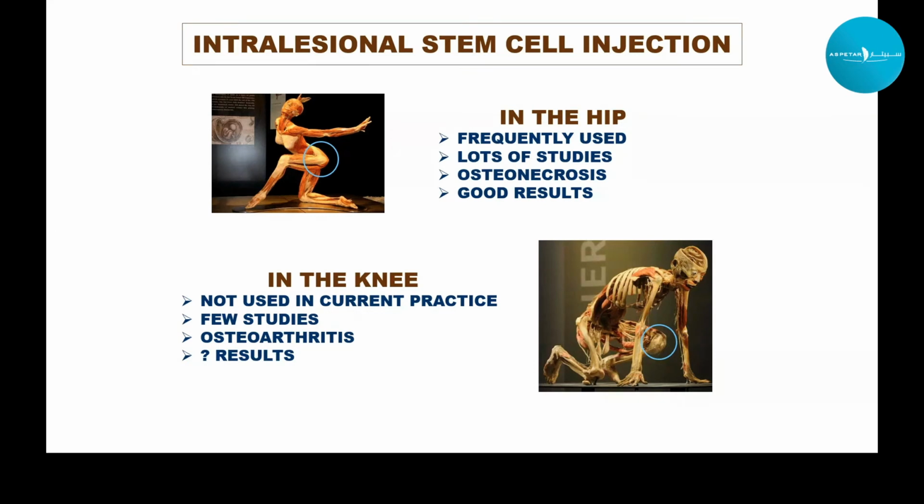Bone is a really very important component in the development of osteoarthritis. So we started to think about the intralesional injection of so-called stem cells. This approach has been used a lot in the hip, much less in the knee.